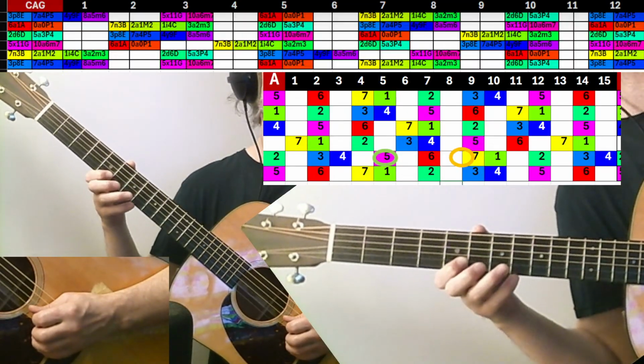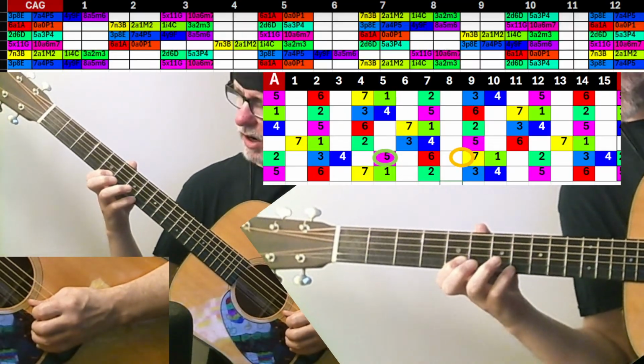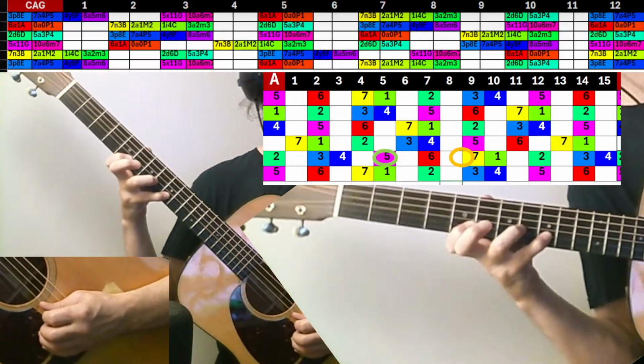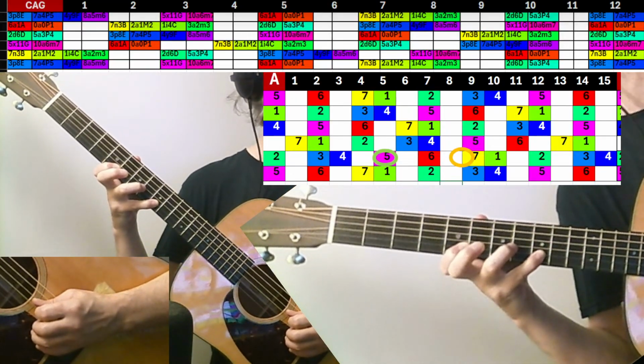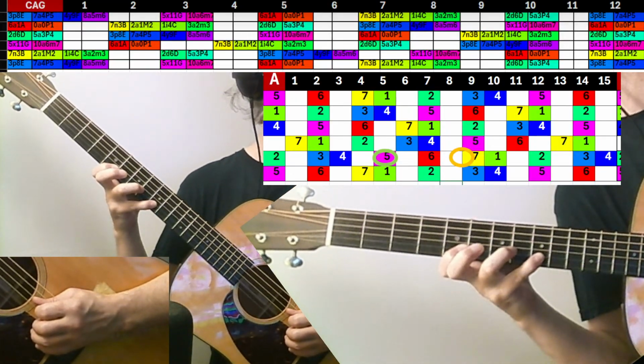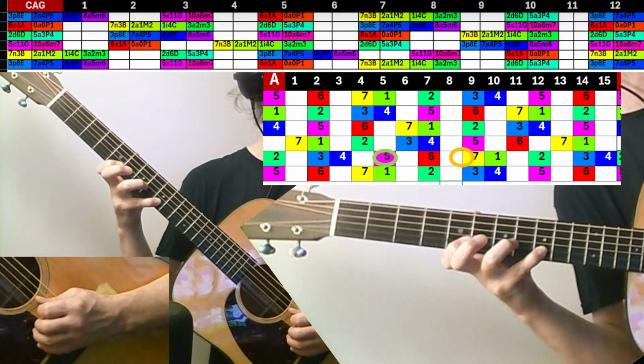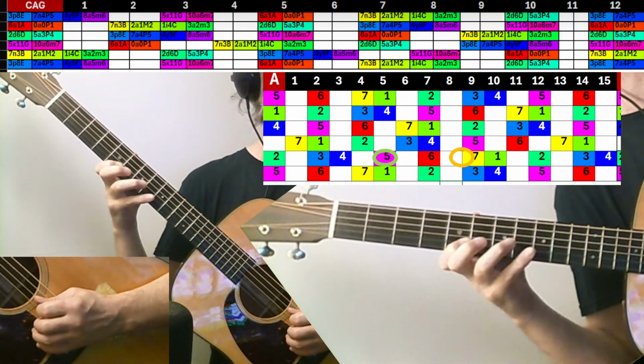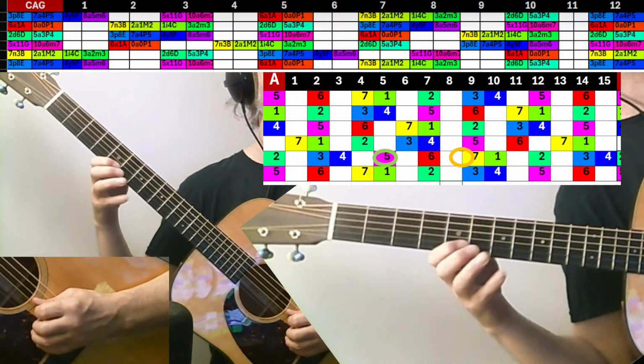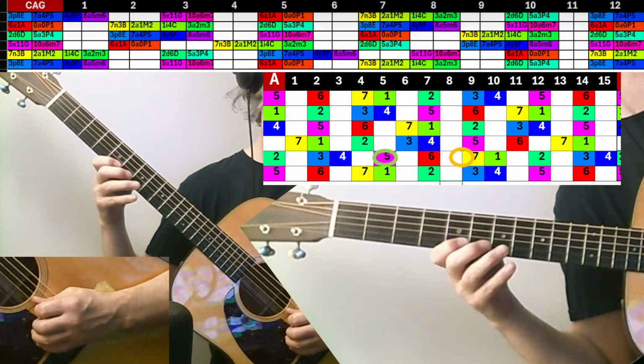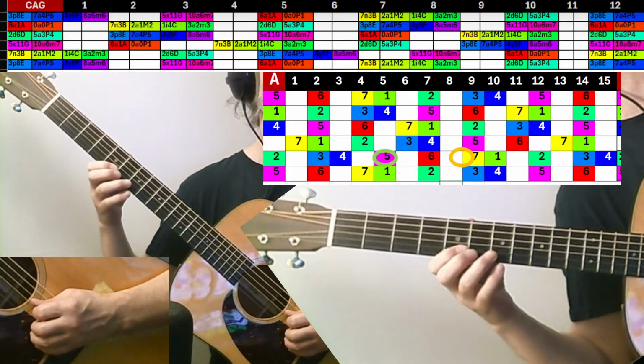Hammer on to 8, 6.5, and a smear up to 9, 7, or fret 9, Locrian, nodal point 7.